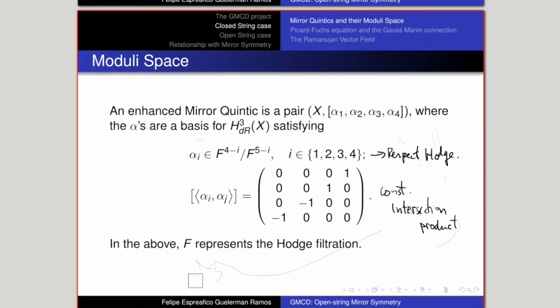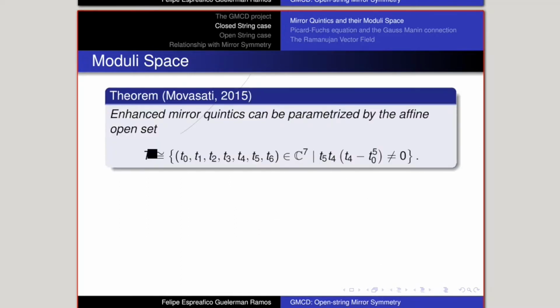So it's the same thing, and there is a theorem due to Movasati, my advisor, in 2015. He proved that the space of enhanced mirror quintics is parameterized by this open set here in the affine space.